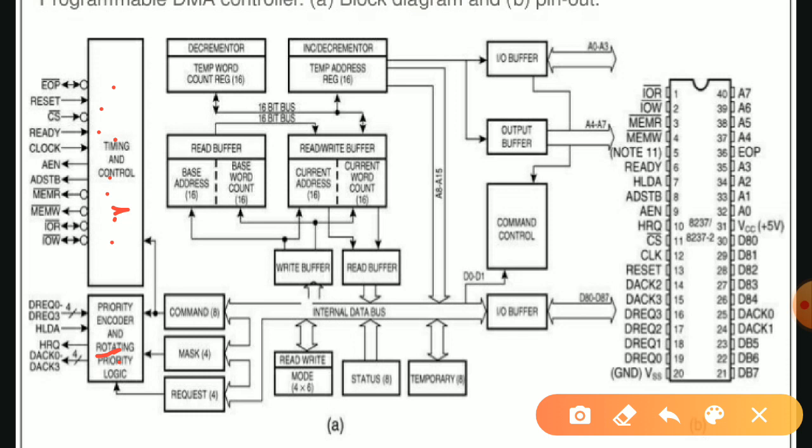As I already said, the 8237 DMA controller has four channels. That is why the request signals are DREQ0 to DREQ3 and the acknowledgement signals are DACK0 to DACK3. These are the request and acknowledgement signals for the four channels. Also, it has the HLDA and HRQ.